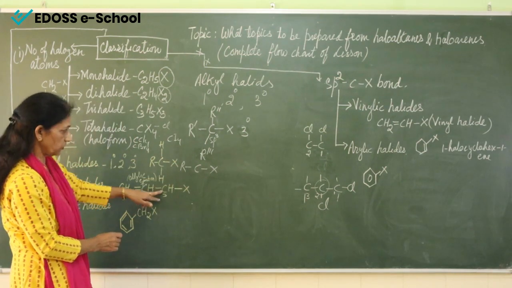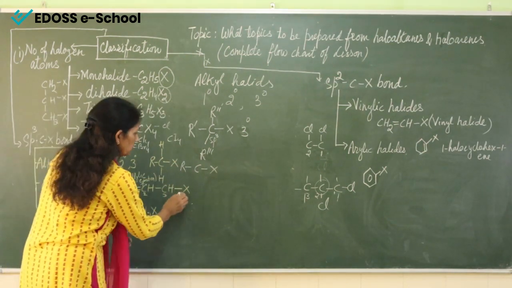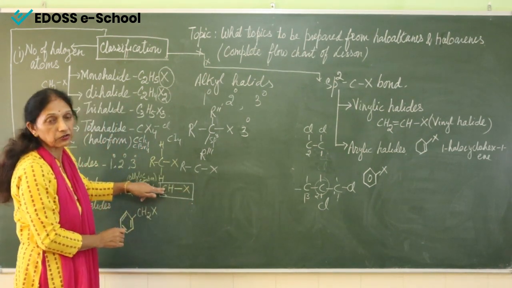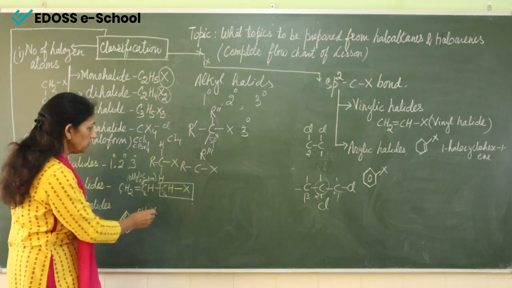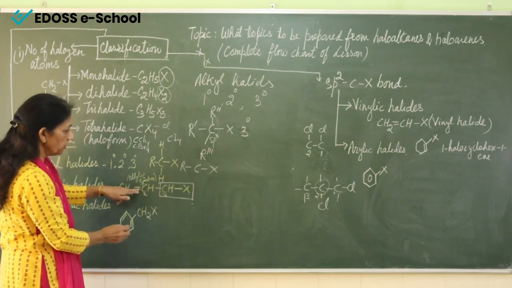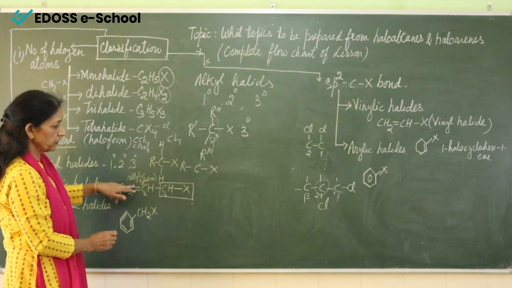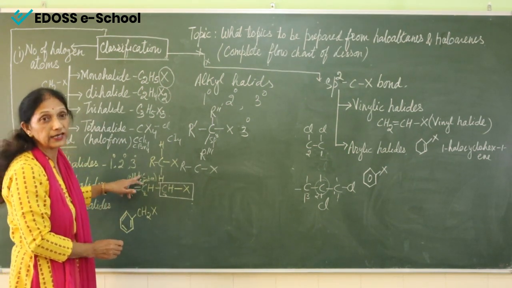But here you can see, this is sp3 hybridized carbon, but this is attached with another carbon atom which is attached with a double bond. So this carbon is known as allylic carbon.